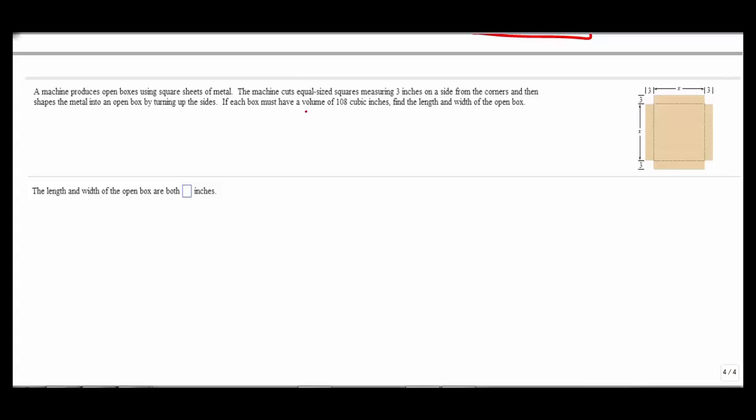So here volume has to equal 108 cubic inches. Now when I talk about cubic inches, that tells me right away I must have 3 dimensions.